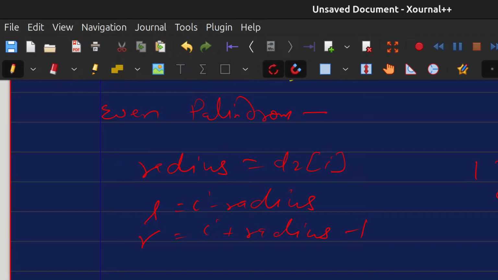This is 0 1 2. So i is here like this. Okay. i minus radius. Okay, this is 2. Okay, this is the radius here. Whatever the L is.